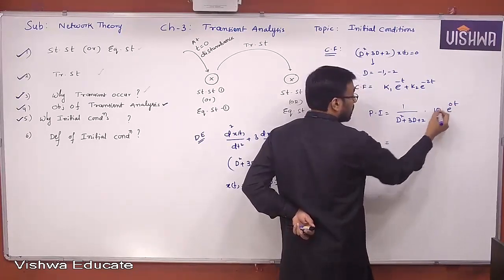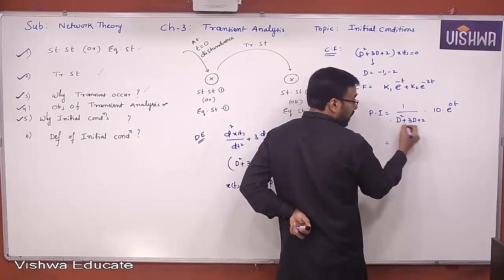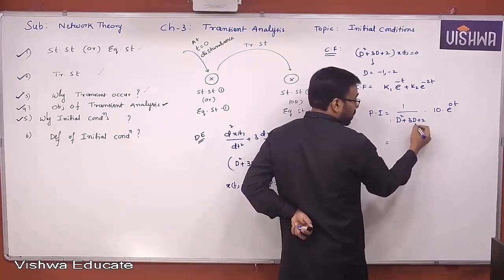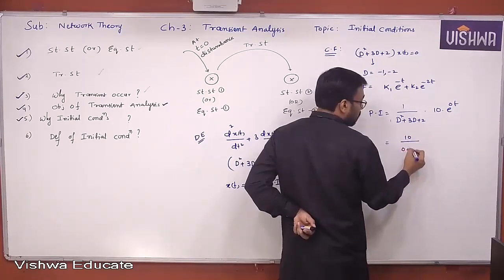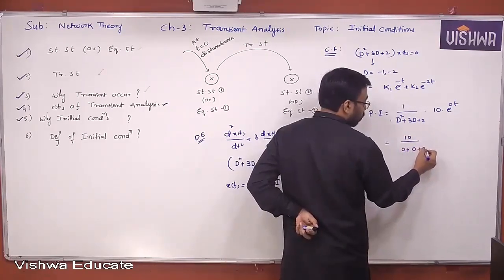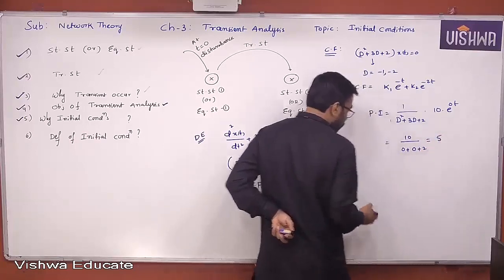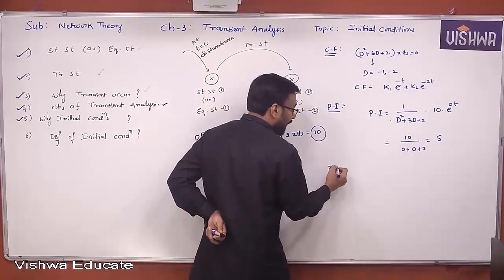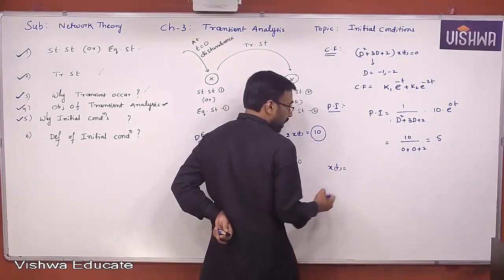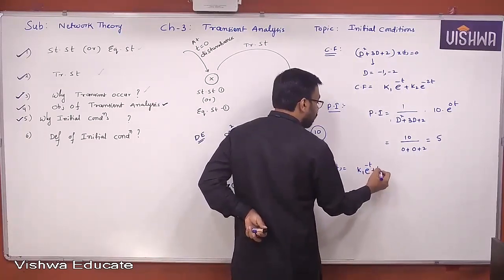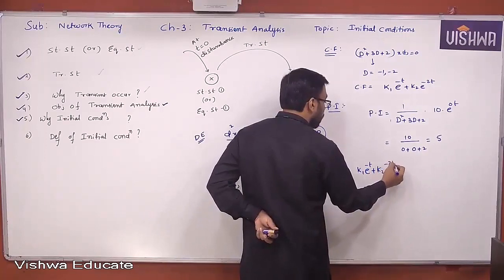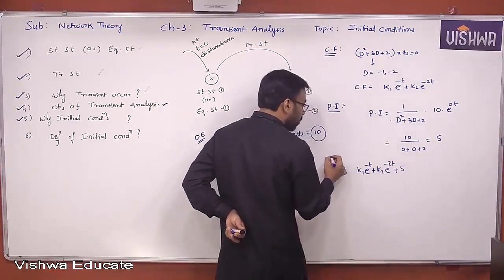Then you can substitute f of 0, that is 10 by 0 plus 3 into 0 plus 2, and finally you get 5. So the complete response x of t is nothing but k1 e power minus t plus k2 e power minus 2t plus 5.